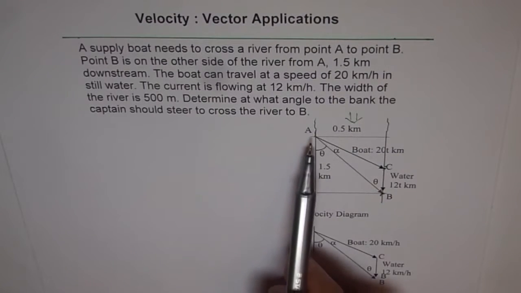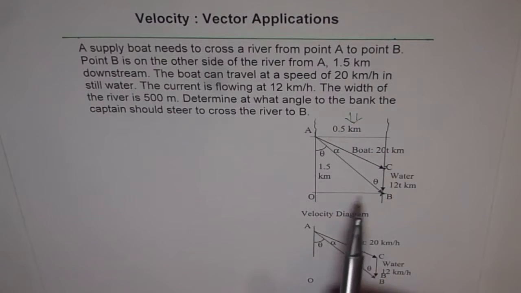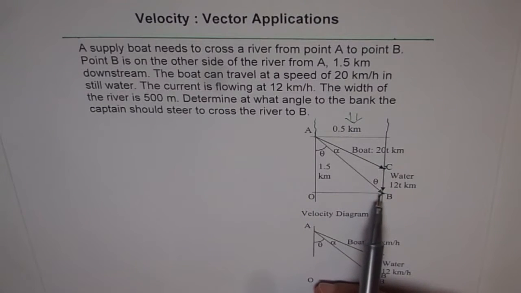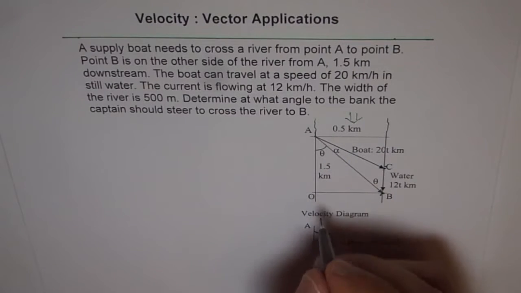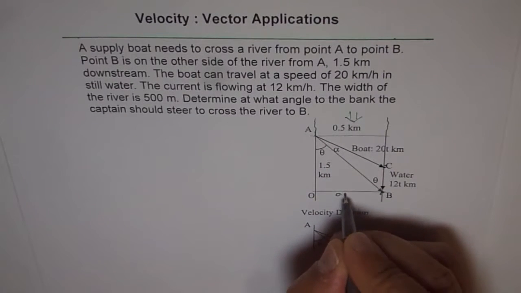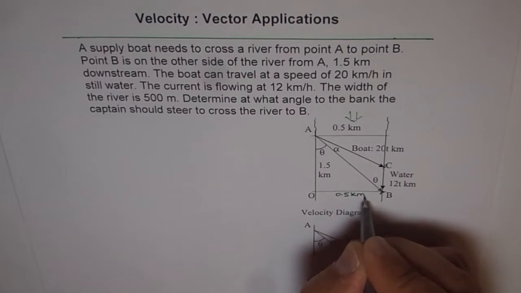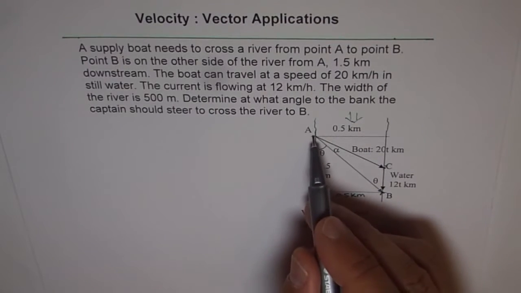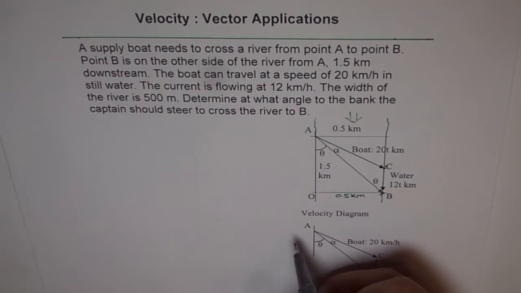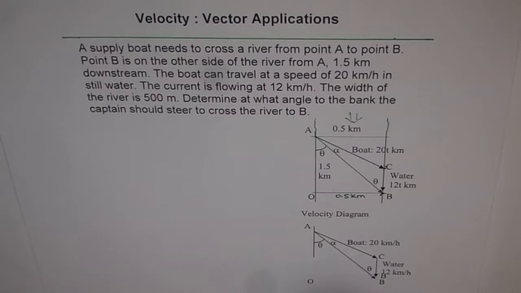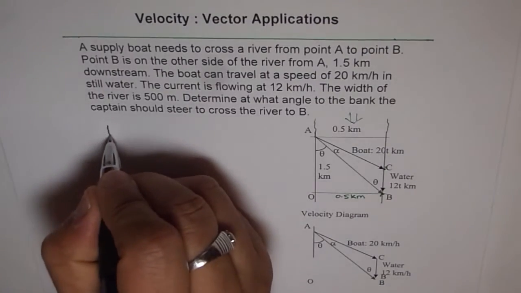As you know, points A and B are on the other side of the bank. The width of the river is 0.5 kilometers, so we know this side is 0.5 kilometers. And point B is horizontally down 1.5 kilometers. So that helps to find angle theta, right? Tan of theta should help us to find theta.